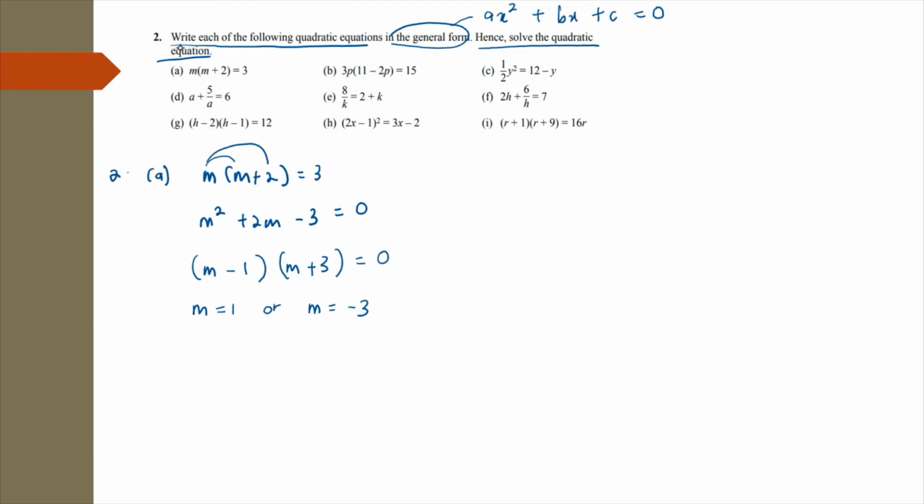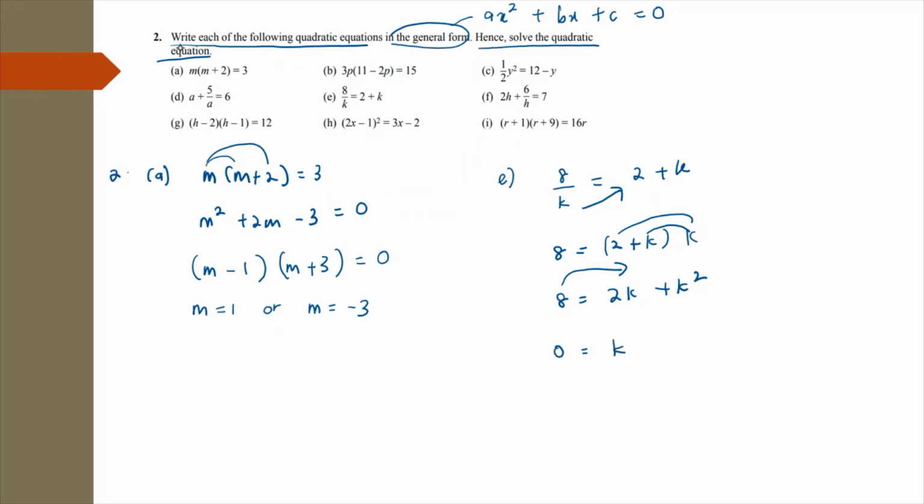Let's try e. Okay, e: 8 over k is equal to 2 plus k. So we multiply k with 2 plus k. We expand with k, we get 8 equal to 2k plus k squared. So we bring 8 over there, we will get 0 equals k squared plus 2k minus 8.